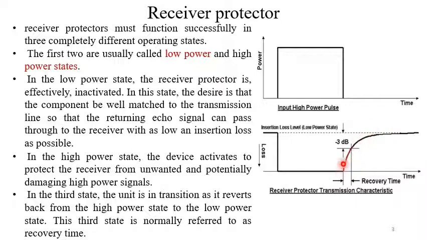That is called the recovery time. So we have three distinct states it can stay in. One is the low power, one is the high power, and the third one is the recovery time.